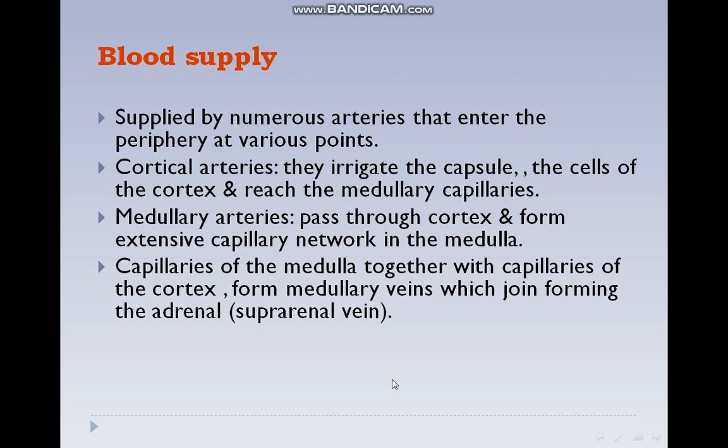The adrenal gland is a highly vascular structure, and it receives blood vessels from different sources, and these vessels penetrate the organ from different points. Some of the vessels form a capillary plexus within the cortex; these are called cortical arteries.